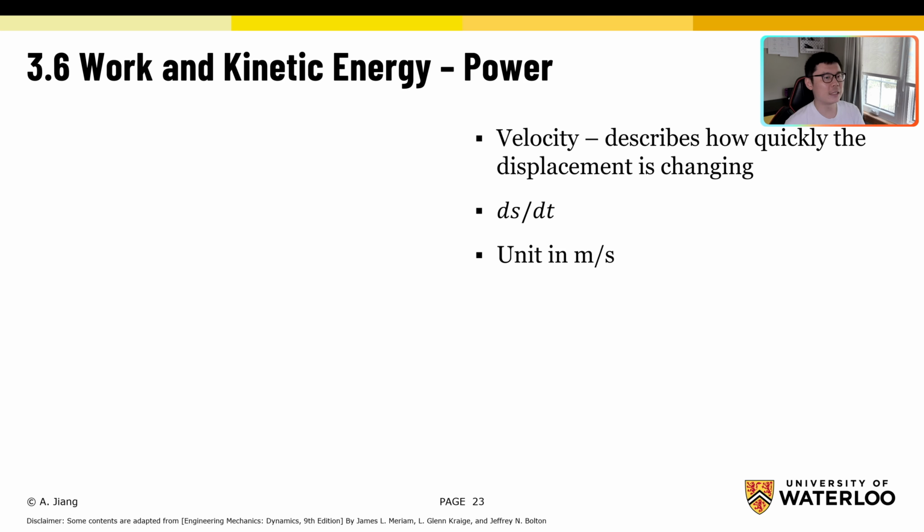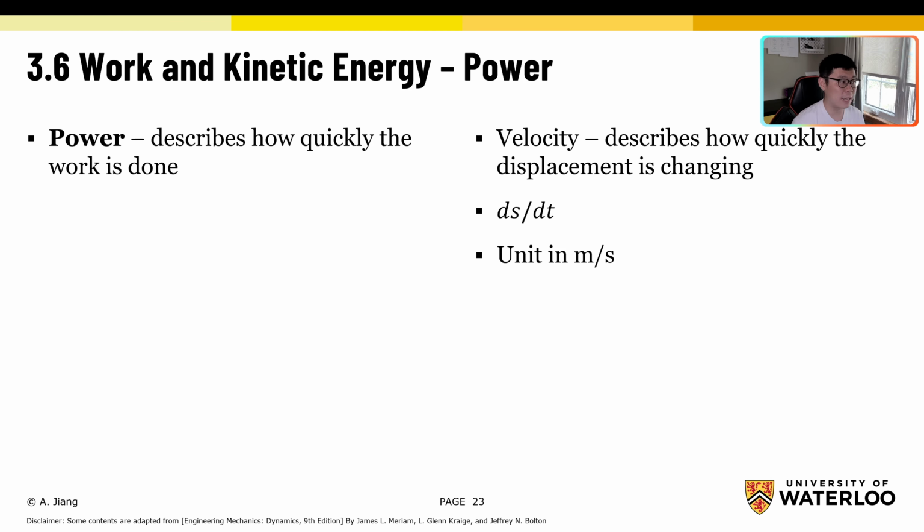The last two slides will cover the concept of power. I would like to use the velocity that we're familiar with to compare it. We already know that velocity describes how quickly the displacement is changing. We can do ds over dt, and the unit is meters per second.